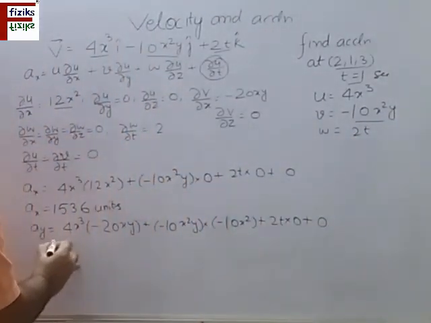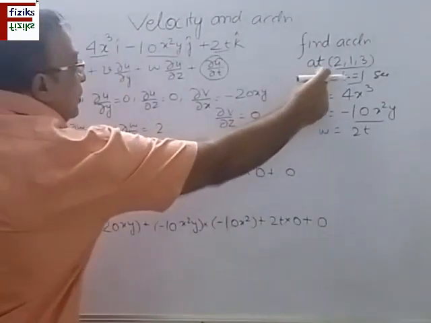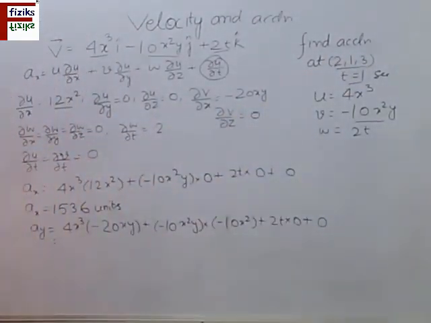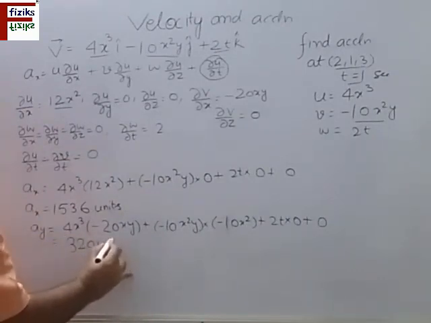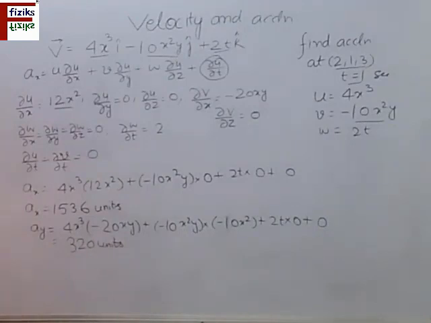Now putting the values in this for x equal to 2, y 1, z 3 and time t equal to 1, you get the acceleration in y direction as equal to 320 units.